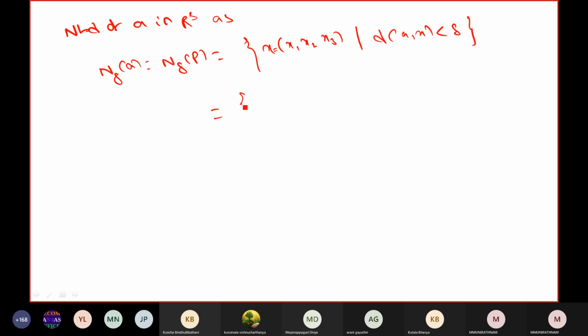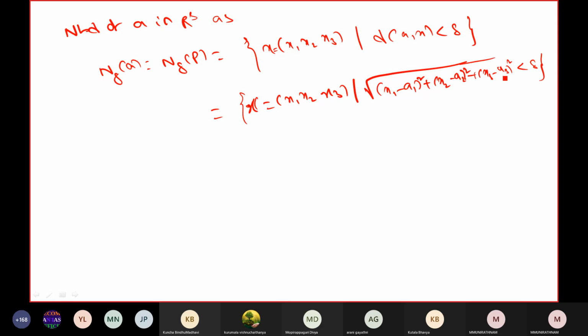This is nothing but x equal to x1, x2, x3 such that square root of (x1 minus a1) whole square plus (x2 minus a2) whole square plus (x3 minus a3) whole square is less than delta.